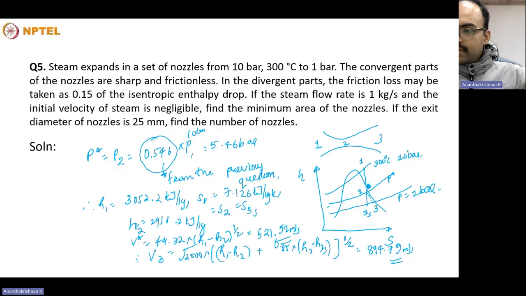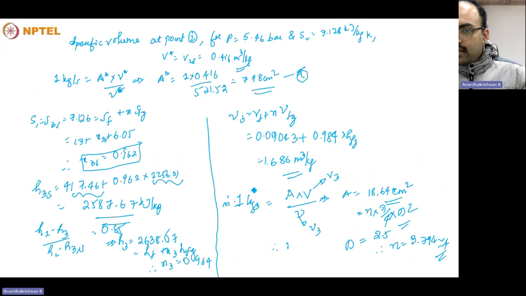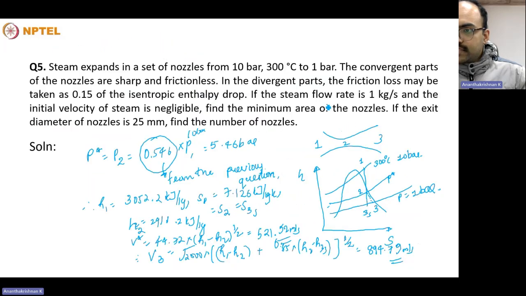So for that, just like the previous cases, we have to find the state points and get the velocities, specific volumes of all the cases to find the area from the mass flow rate that is given, that is 1 kg per second. In this case, there is an additional thing of the isentropic efficiency of 0.15 that also is taken into account here.